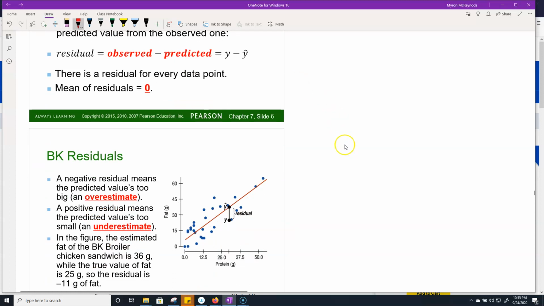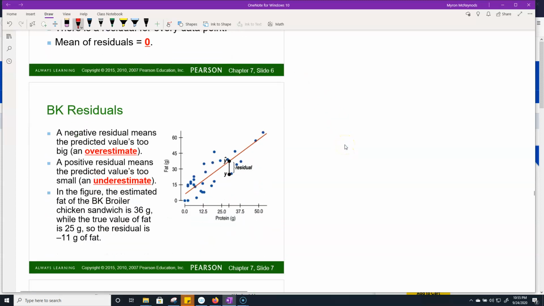So let's look at a picture like this of the residuals right here on this line. Some of them go down this way, and they're a certain distance away from the red line, which is our regression line, and some of them are below it, some of them are above it, like that.